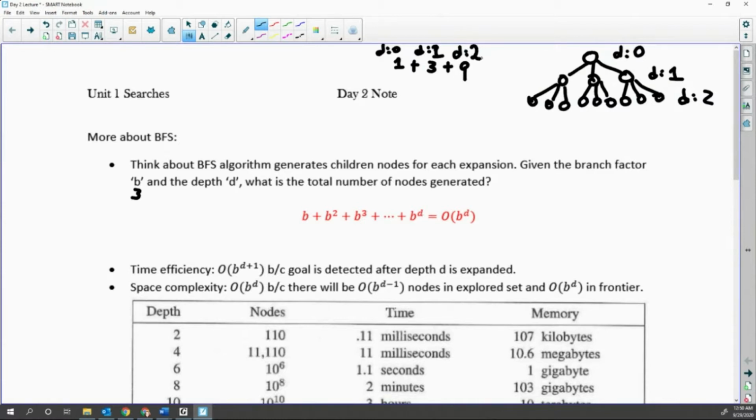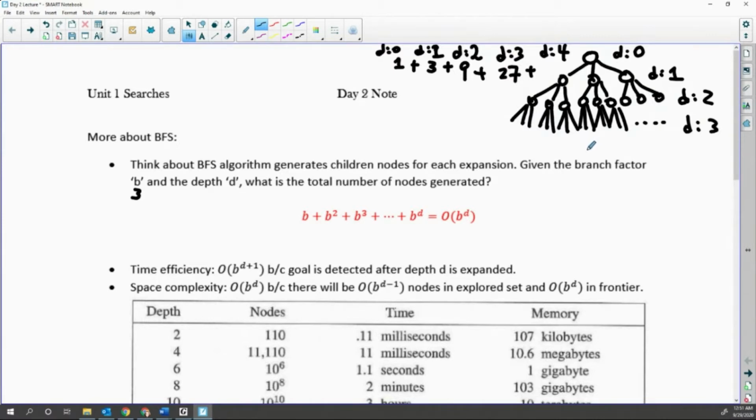Then in depth 3, here 9 more, 9 more, then 9 more. So in depth 3, I'm going to have 27 more.